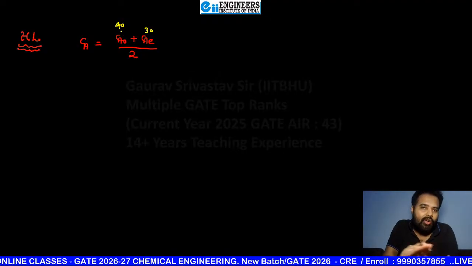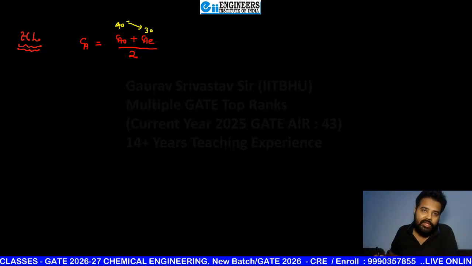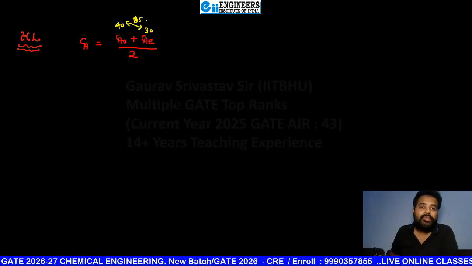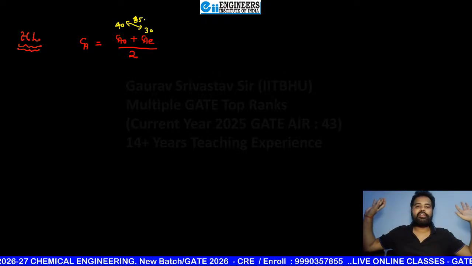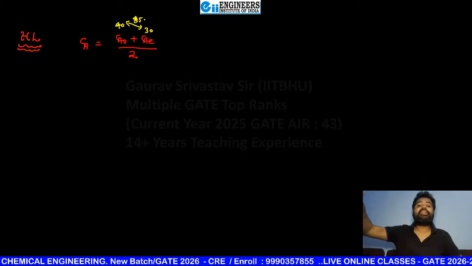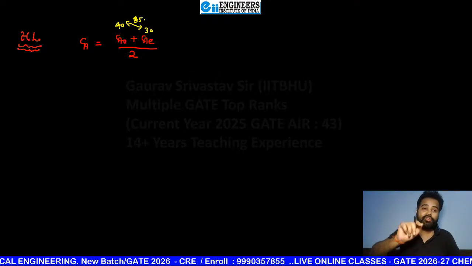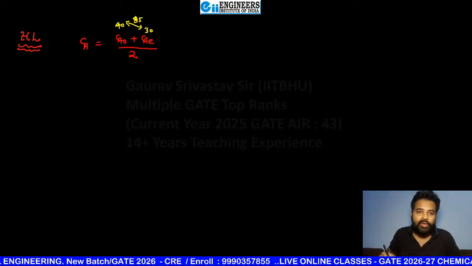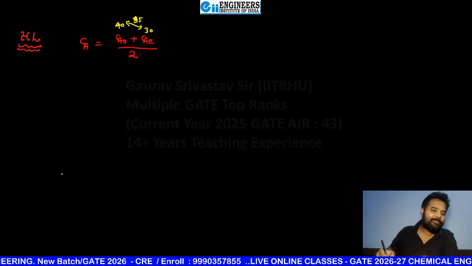So the half life point should lie between these two, and that is clearly 35. That means from 40 to 35, half the path is traveled. From 35 to 30, the full path is traveled because equilibrium is reached. So 40 plus 30 by 2 gives you 35. That means the expression is absolutely correct.